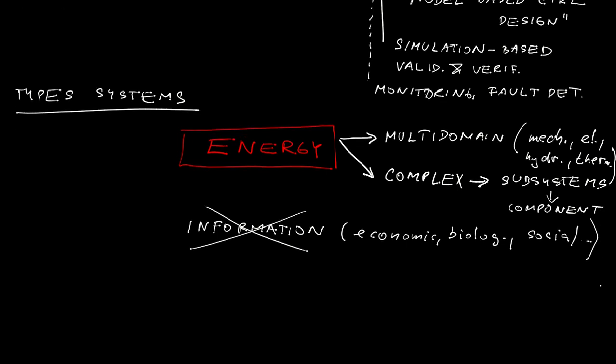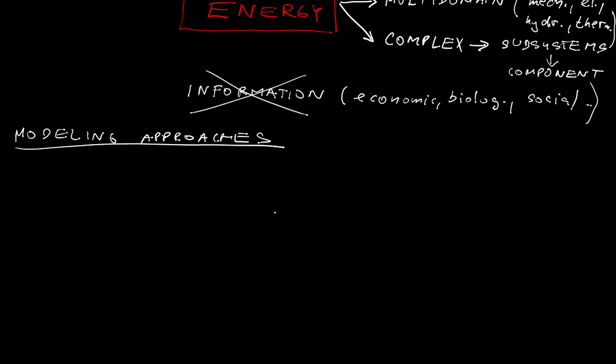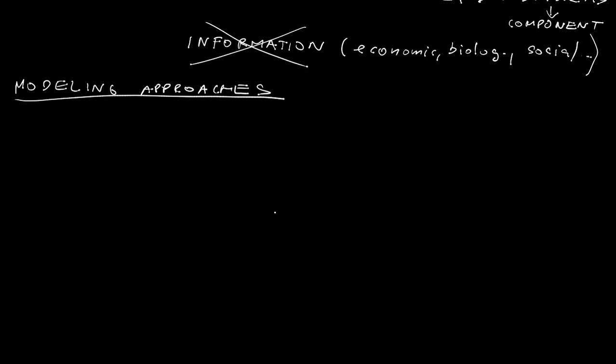Now, so these are the systems that we are going to consider and the systems that we are not going to consider. How about the approaches? So our course will be based on 3 pillars, 3 major approaches to modeling. They will all rely in some sense or another on the concept of energy.